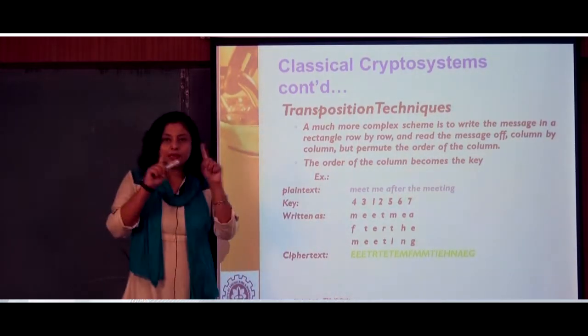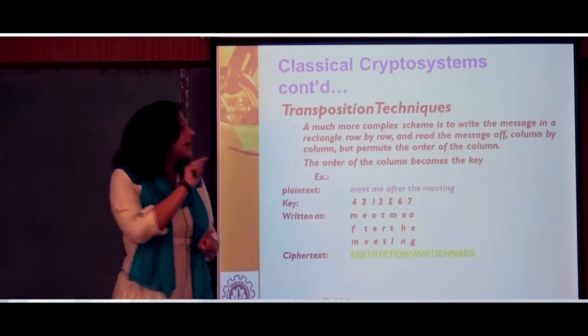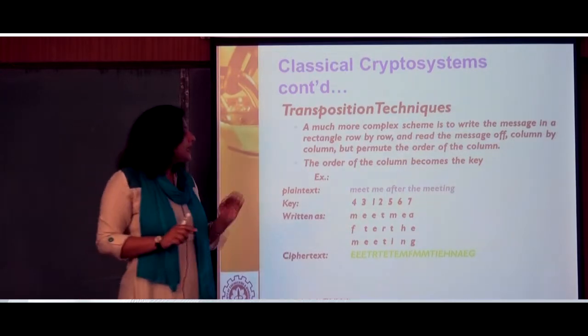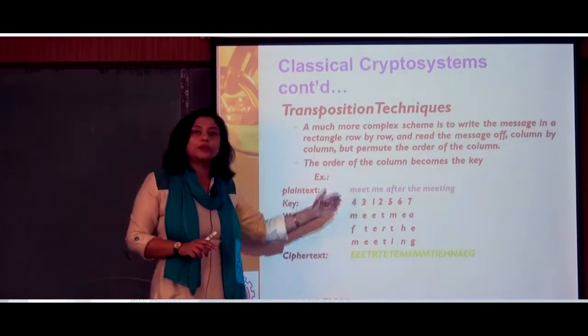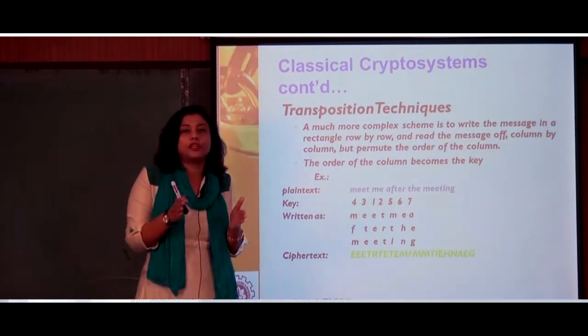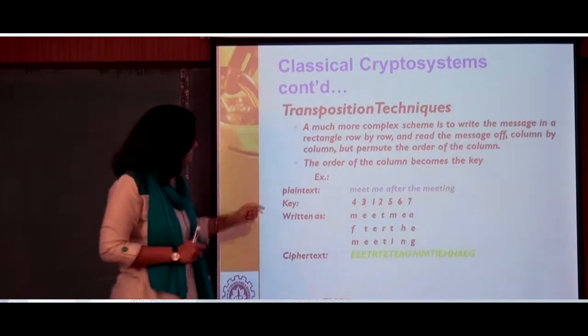So first write down the plain text letters in a rectangular form by writing it in row by row format. Then you read it out column by column based on some permutation scheme which is given as the keyword.